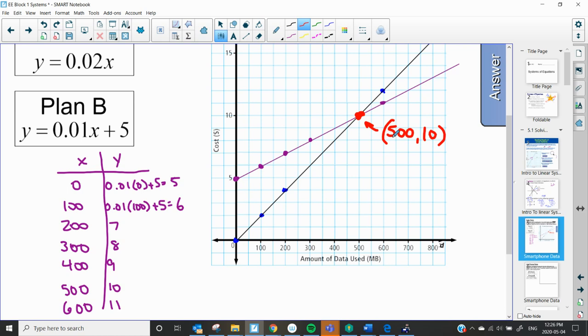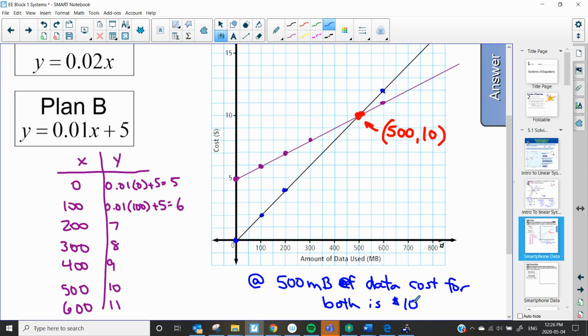Now, if you had your table of values side by side, you would also notice this, but just finding that solution isn't enough. We have to look at, well, what does that solution mean? So the solution is that coordinate is 500, 10. Well, 500 represents the amount of data used, and the 10 represents the cost. So at 500 megabytes of data, the cost for both is $10.